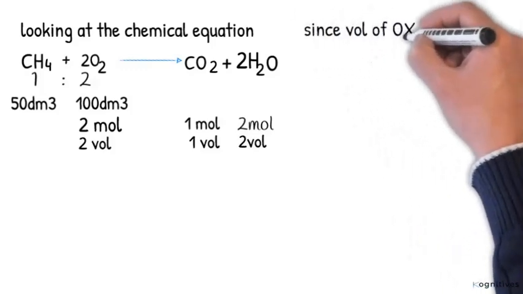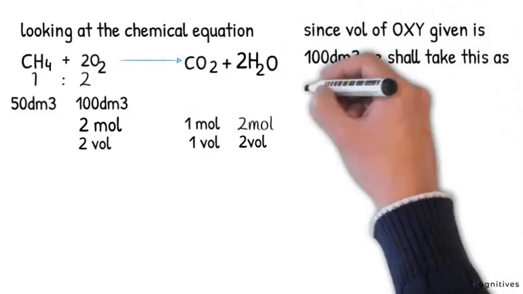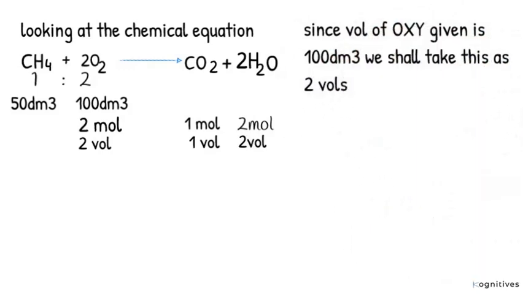Since the volume of oxygen given in the question is 100 dm³, we shall take this as 2 volumes. Thus, 2 volumes of oxygen reacting to give 1 volume of carbon dioxide and 2 volumes of water will be equivalent to 100 dm³ reacting to give 50 dm³ of carbon dioxide and 100 dm³ of water.